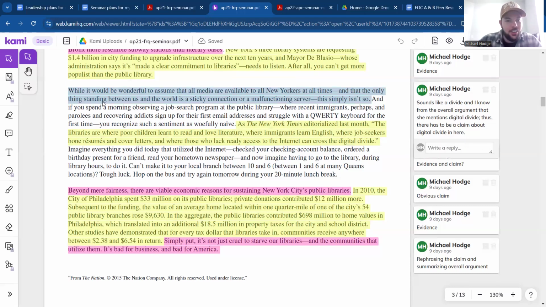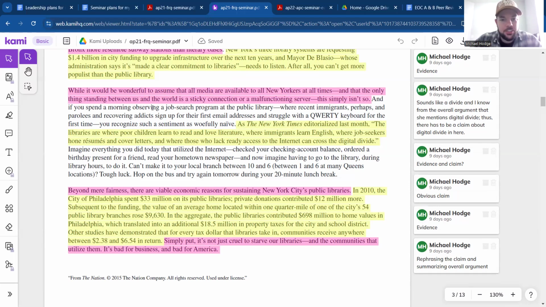But anyways, "while it would be wonderful to assume that all media are available to all New Yorkers at all times and that the only thing standing between us and the world is a sticky connection or a malfunctioning server, that simply isn't so." This is a claim, right? It doesn't sound like a strong claim, because it's not a driving force in this article, but it is indeed a claim, right?